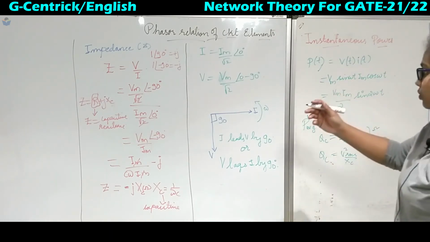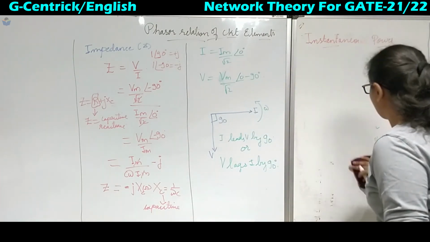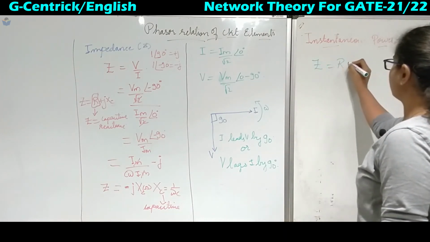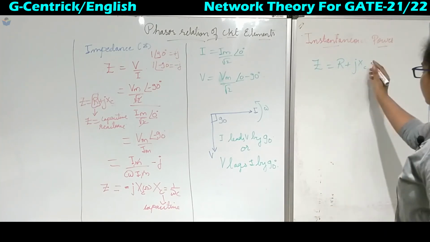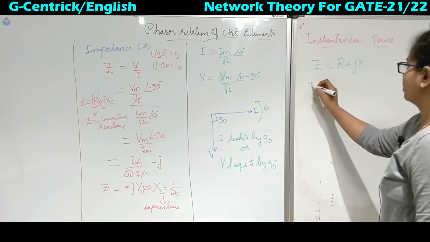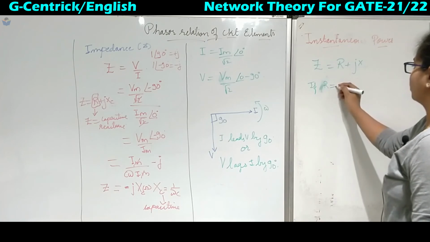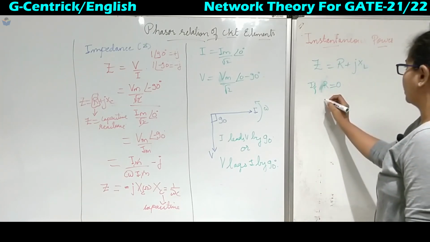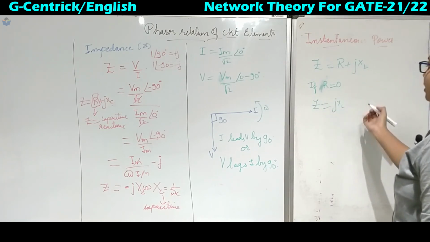Basically when you write Z is equal to R plus JXC, just take it as JX. If R is 0 and it is inductive, then you will get Z is equal to JXL.